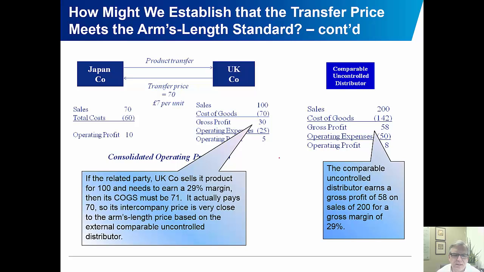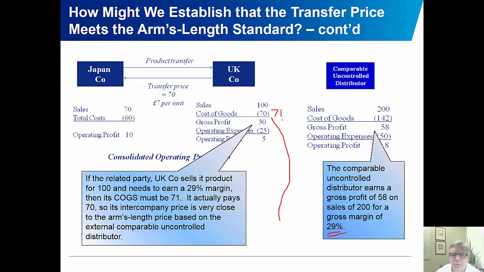Let's bring up this next slide. So what we've got is a very close comparison. In other words, if we were to take that 29% here, which is from this uncontrolled transaction, and apply it here, this would suggest that the COGS would need to be 71. We'd have a 29% gross margin. Well, this is very, very close.